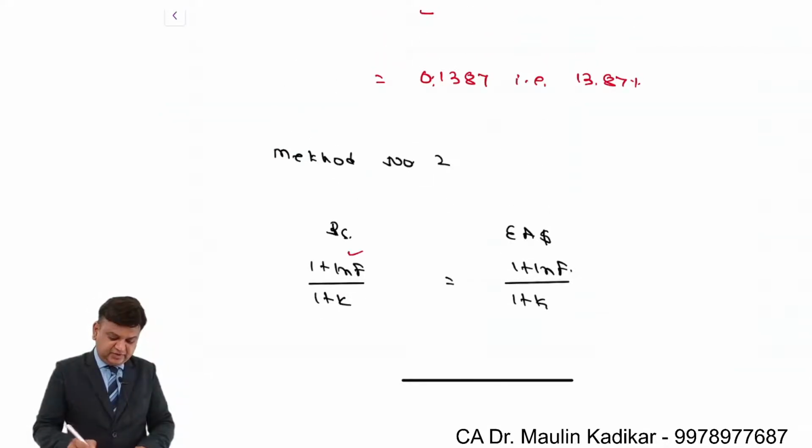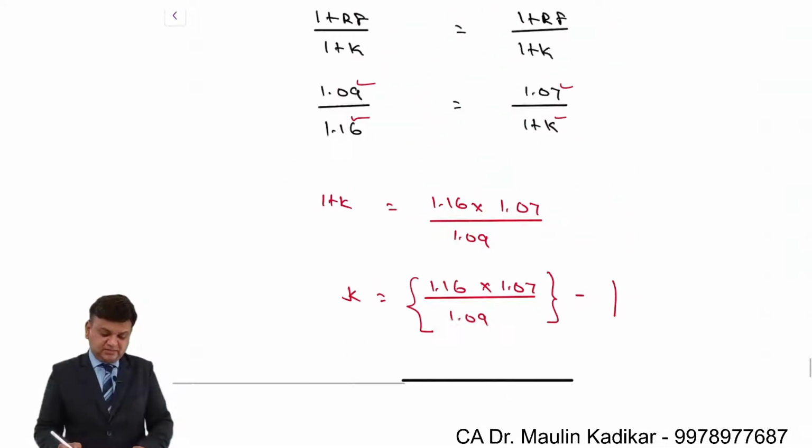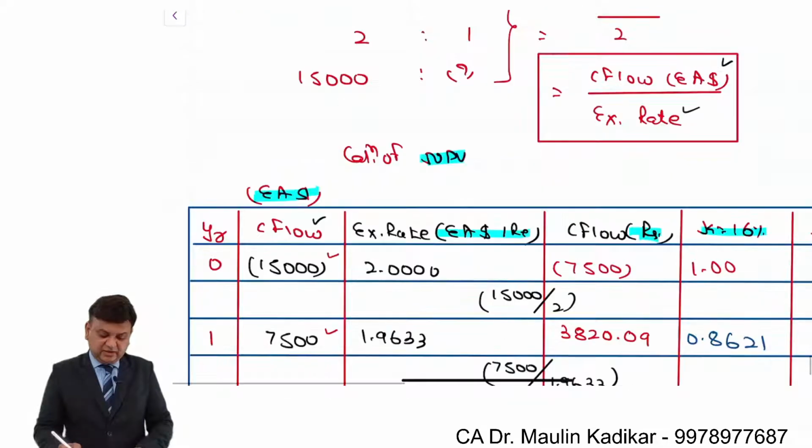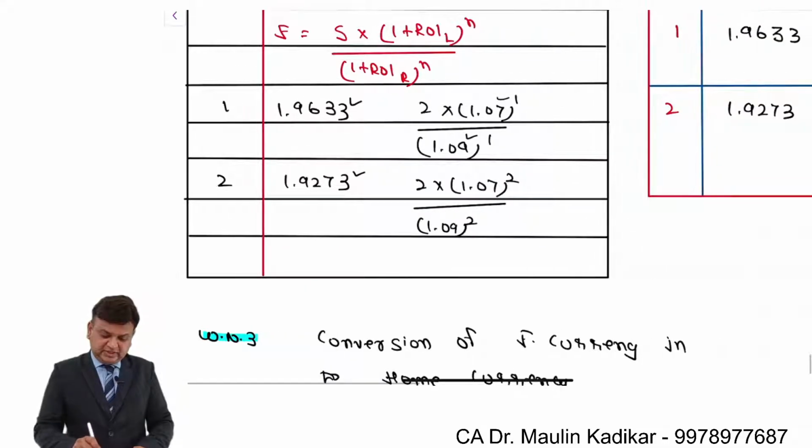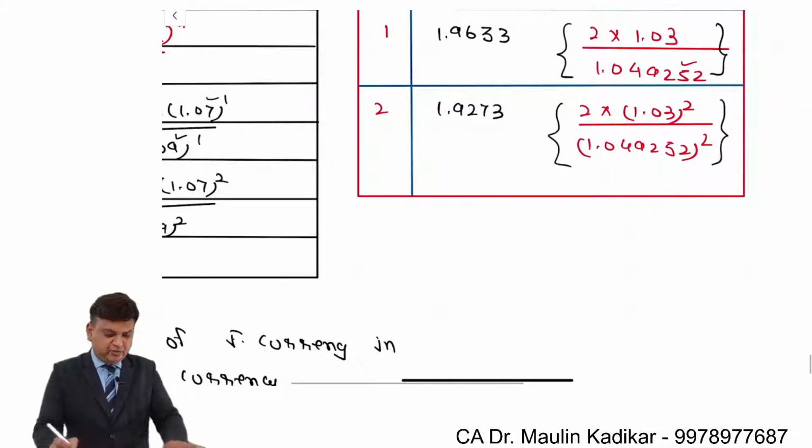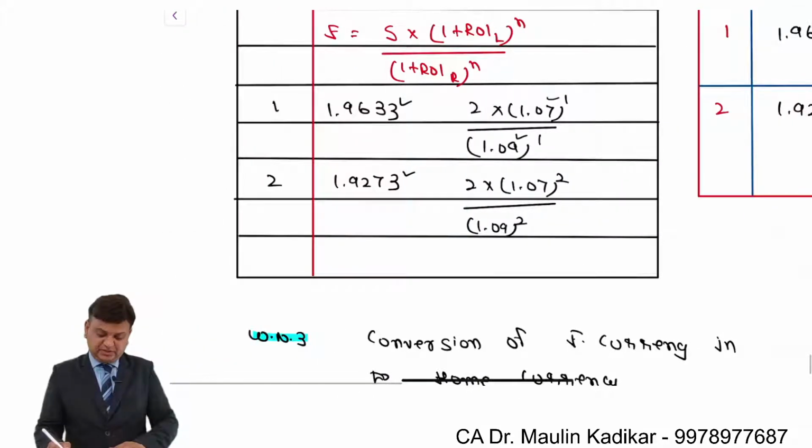As far as the inflation rate of Indian currency is concerned, that we have calculated above, and it is 4.9252%, and for the East African dollar currency it is 3%.